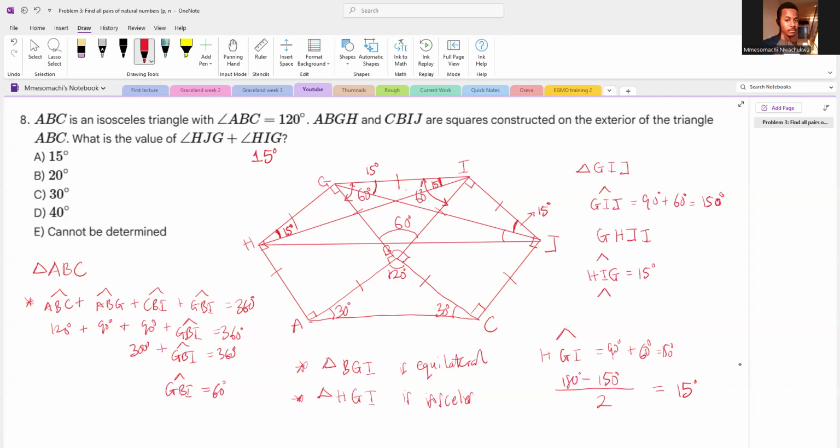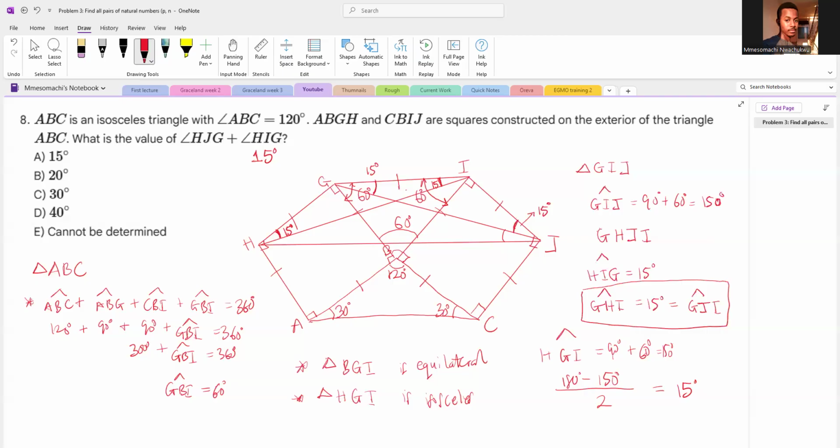We have angle GHI also equal to 15 degrees. And we have that angle GJI is also equal to 15 degrees. So we have angle GHI and angle GJI as both 15 degrees. So what does that tell us? It tells us that this is a cyclic quadrilateral. This equality here tells us that it's a cyclic quadrilateral.